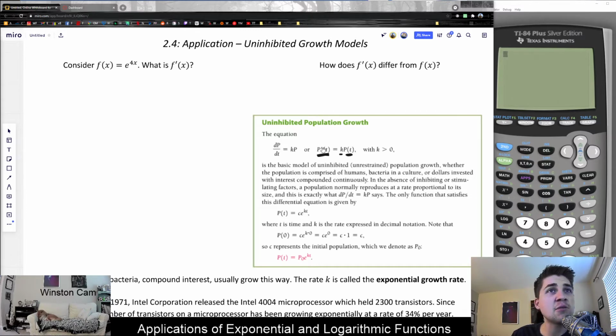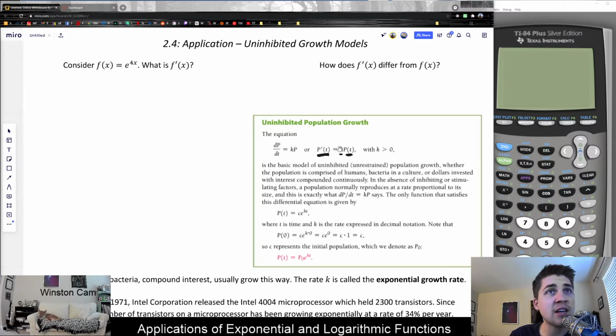There's a reason that a lot of natural populations undergo uninhibited population growth without some form of an inhibitor. Now, uninhibited growth is unrealistic, and we'll get to why with a couple of examples. But usually populations undergo uninhibited growth for the original growth period. Just as a way of explaining why this occurs, basically the more people you have, the faster it will grow, because there are more people to reproduce.